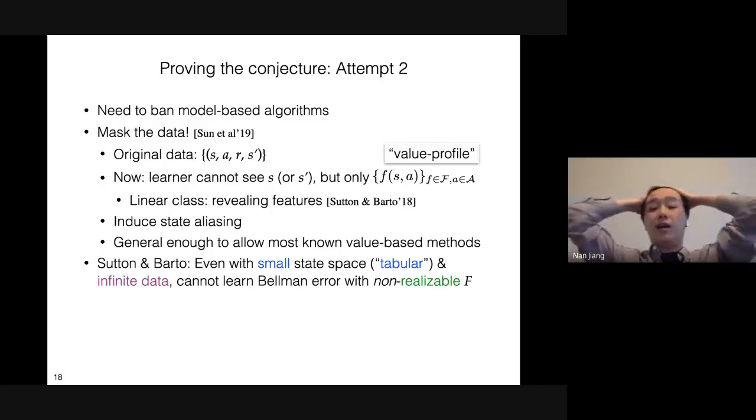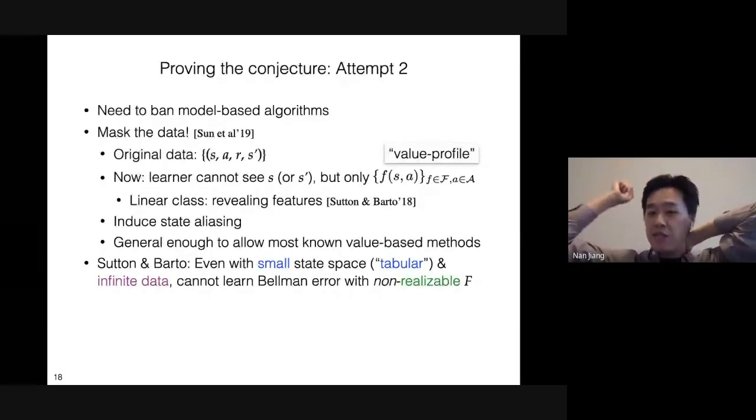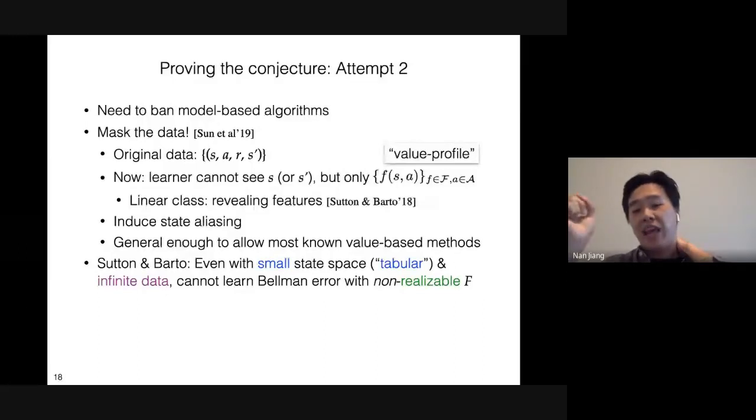Okay, and actually, Sutton and Barto have shown that you can have a very small tabular construction where, even with an infinite amount of data, no algorithm can learn the Bellman error of a function that is not Q star.